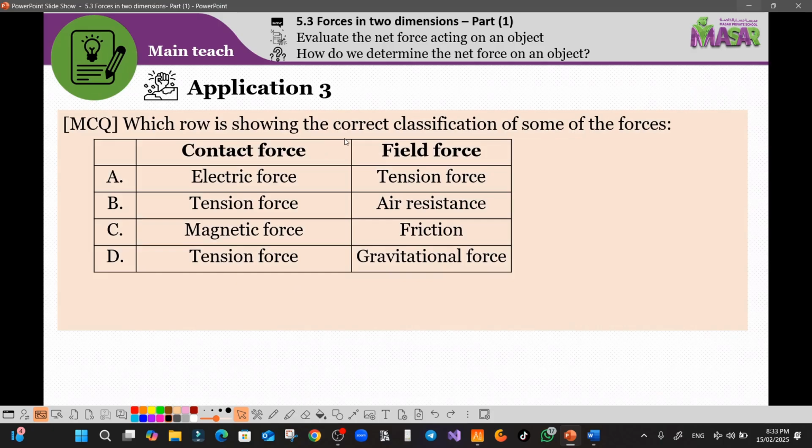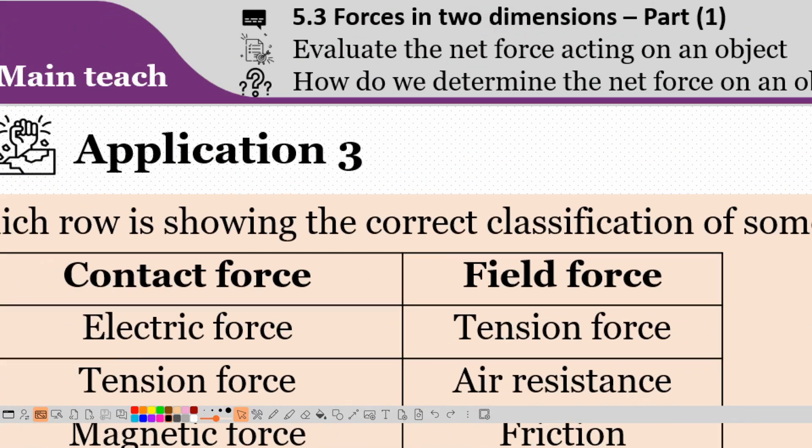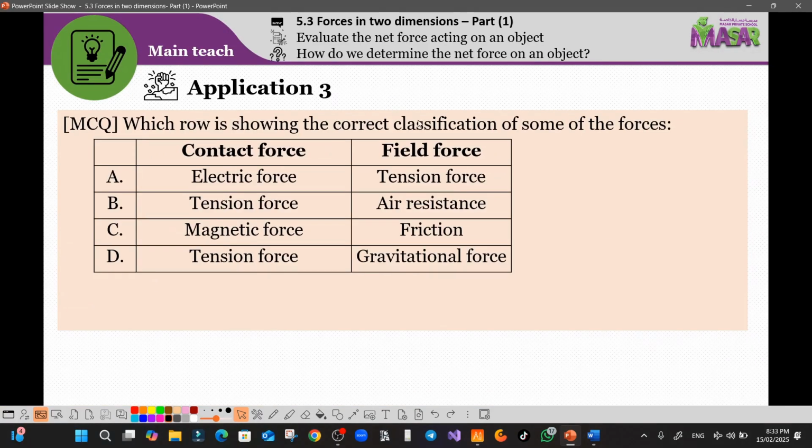Now, which row is showing the correct classification of some of the forces? We have in the 2 columns 2 titles, the contact forces and the field forces. From the field forces, I can tell which row is correct, since the field forces are only 3: gravitational, electrical, and magnetic.